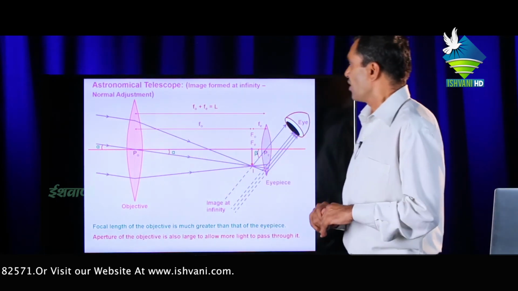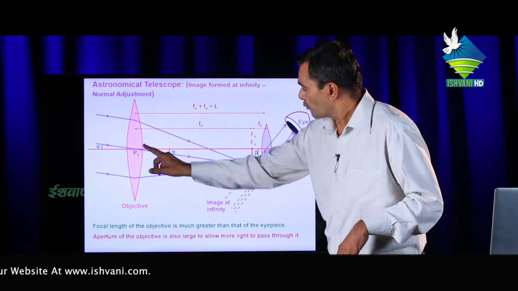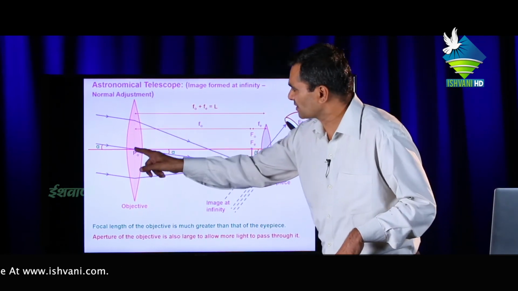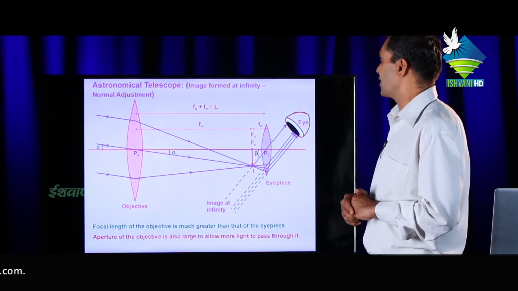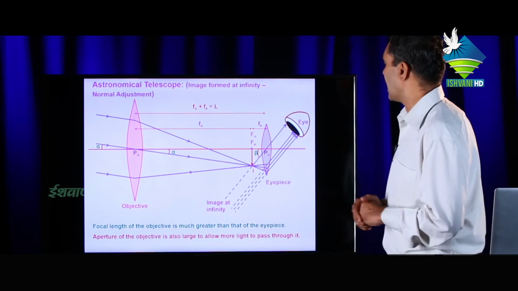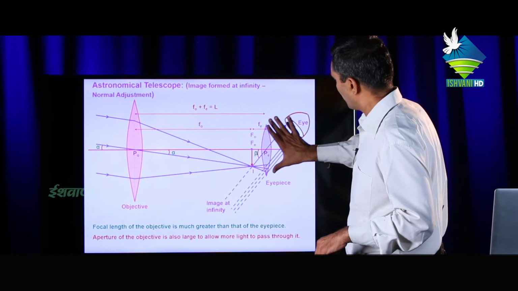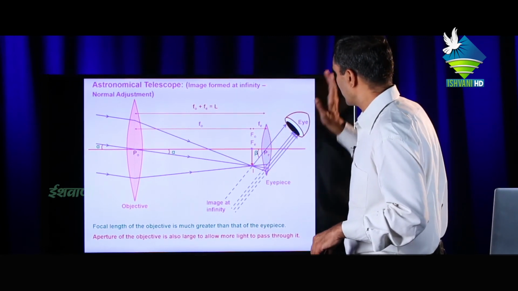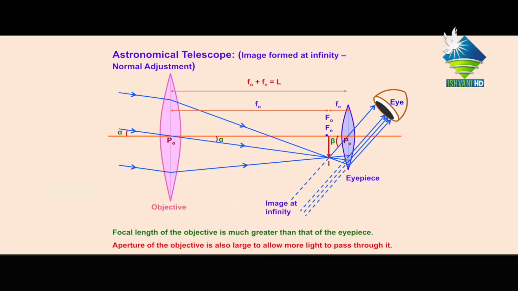After refraction, all rays meet at this point. Means for this lens, the object is at infinity and the image is at FE. This other lens is called the eye lens. This is the object for this lens, and the image becomes infinity for this lens, which can be seen by the eye.